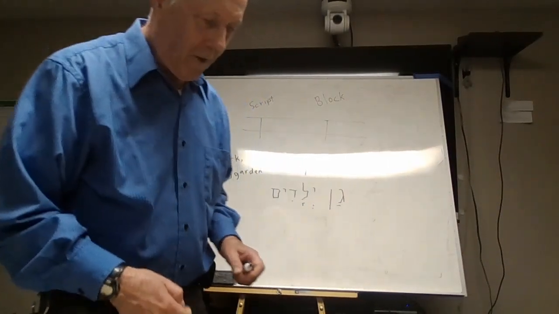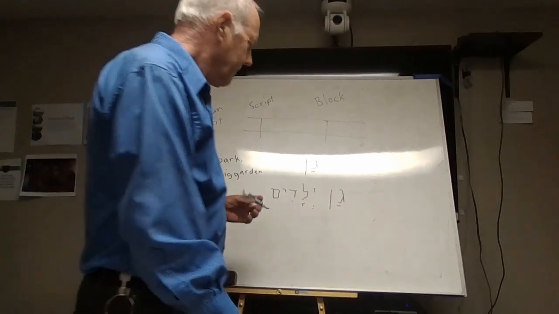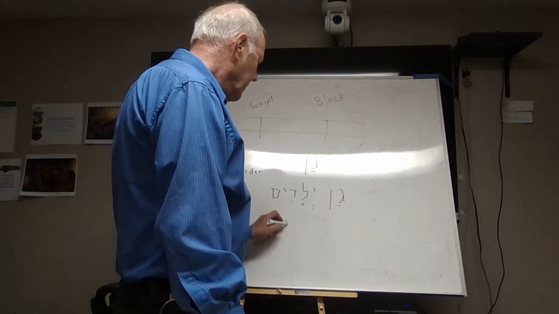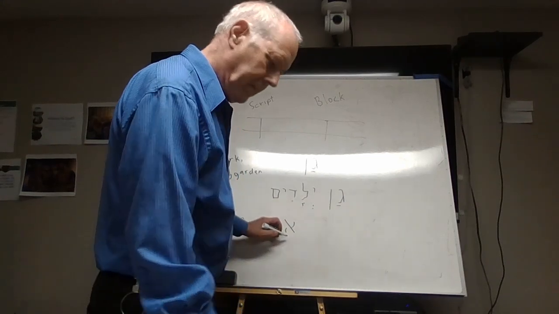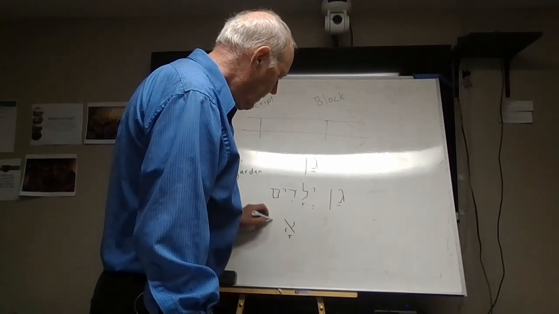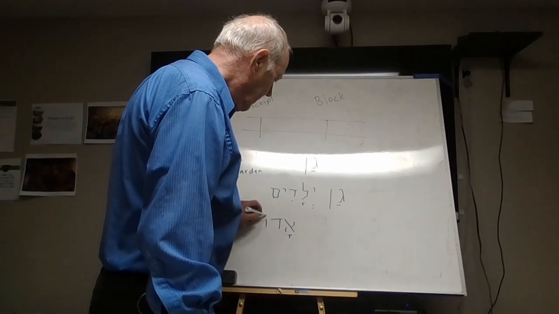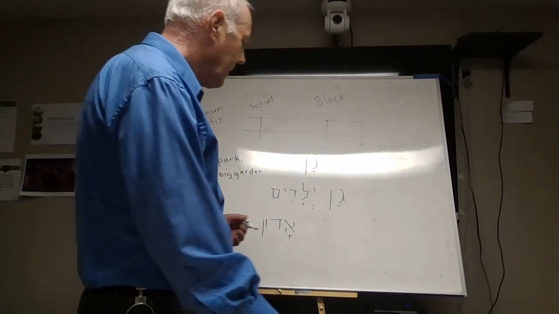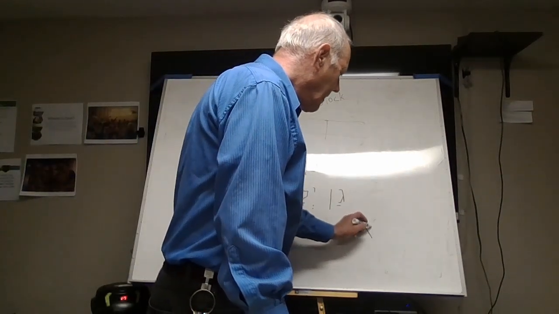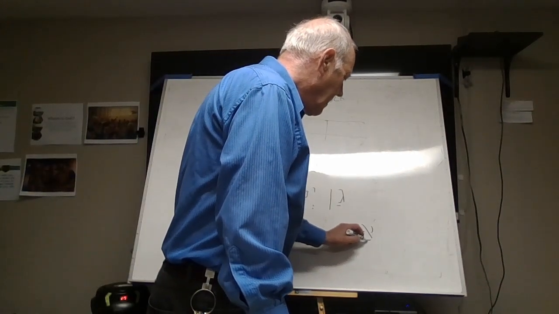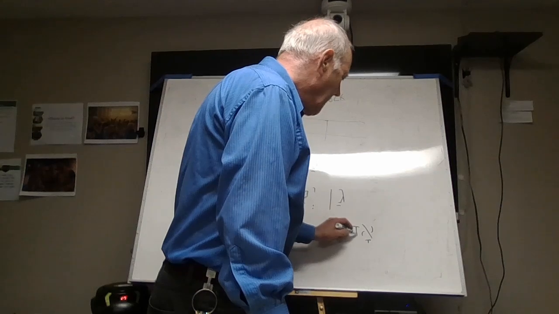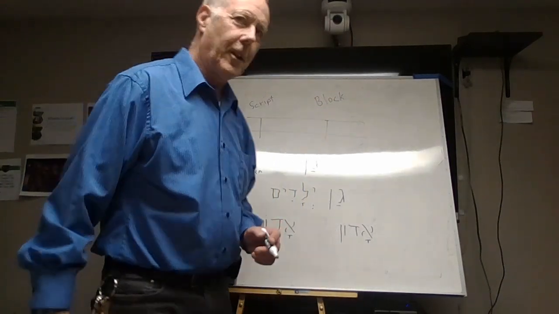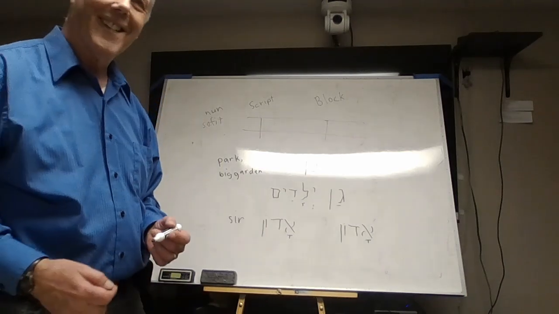We have a word for Mr. or Sir: Adon. Adon. Sir or Mr. People don't call me Adon Hebron, but they could.